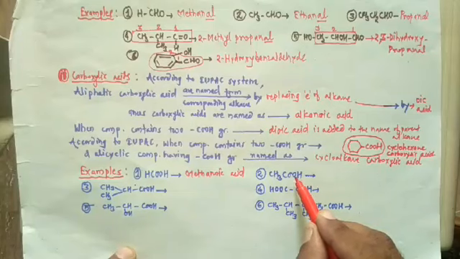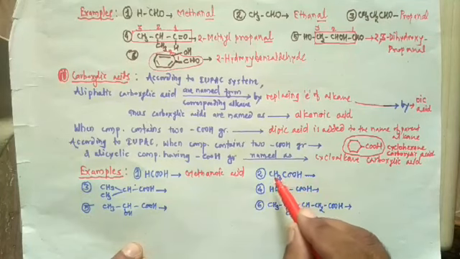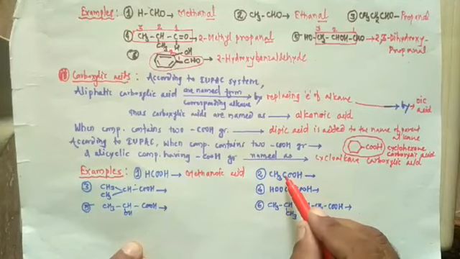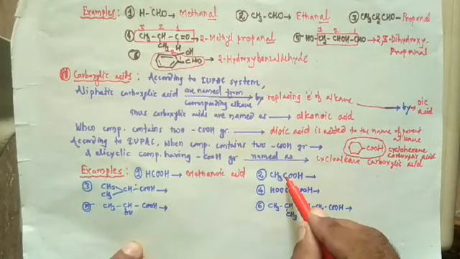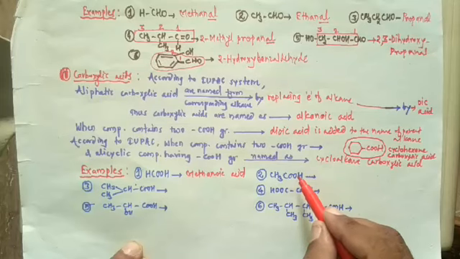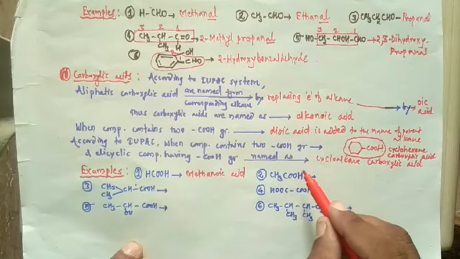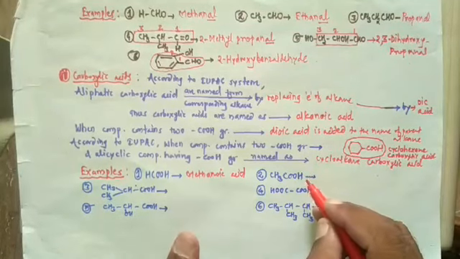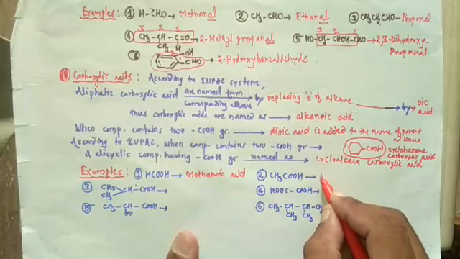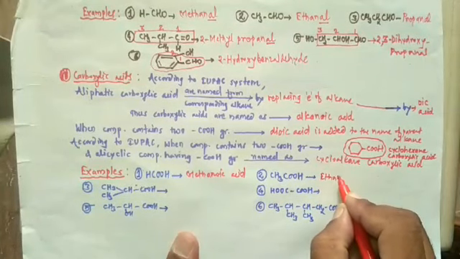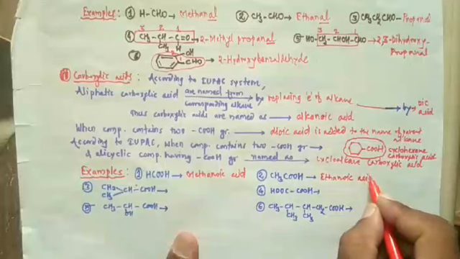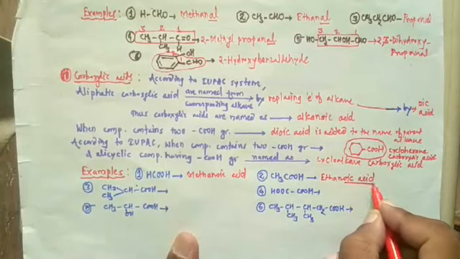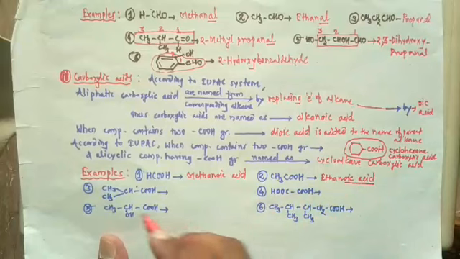Its corresponding alkane is ethane, as two carbon atoms are present. So replace the final letter E of the alkane by OIC acid. That's why the IUPAC name of CH3COOH is ethanoic acid. E is replaced by OIC acid.